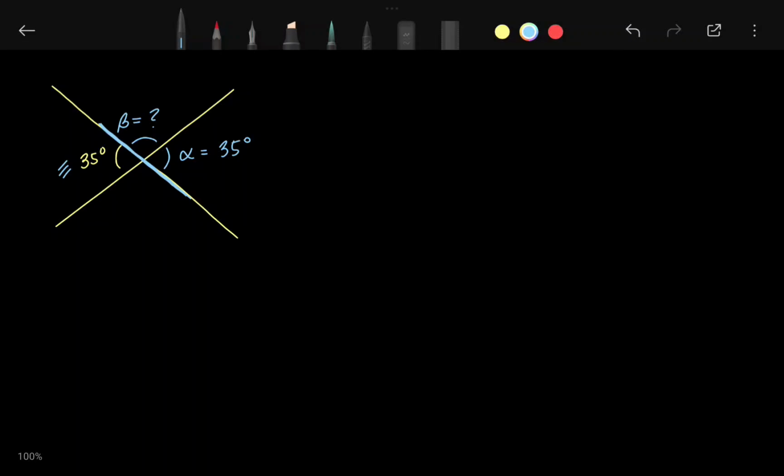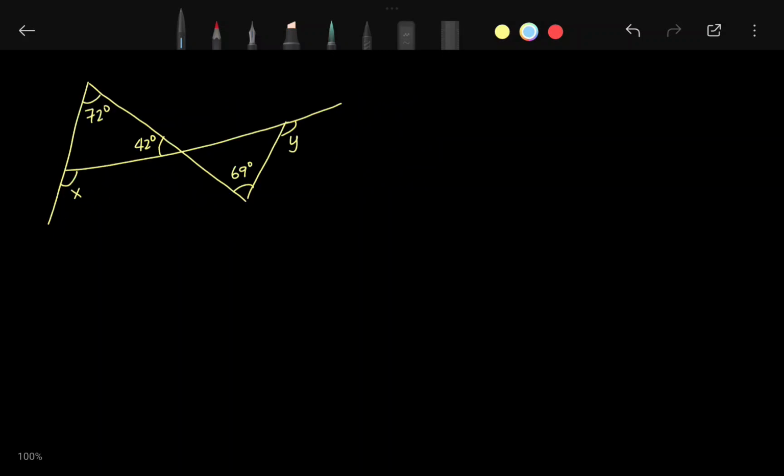Their total should be 180 degrees. So, beta plus 35 should be equal to 180 degrees. Transpose 35. Beta is equal to 180 minus 35. Using a calculator to be sure, it's 145 degrees. Alright, this is 145 degrees.